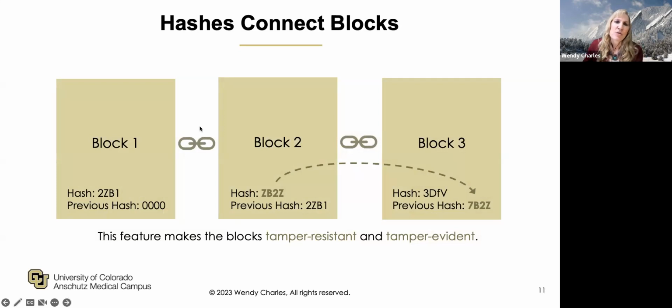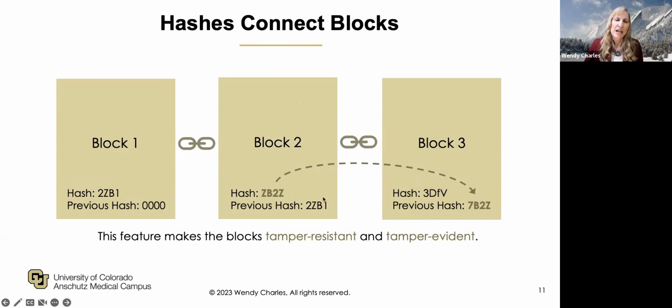So for example, if we just look at block 2 here, all of the information, all of the activities from this block are combined together, and it includes the hash of the previous block to make a hash of block 2. And then when block 3 is formed, it's all the activities of block 3 plus the hash of block 2 in order to create a hash for block 3.